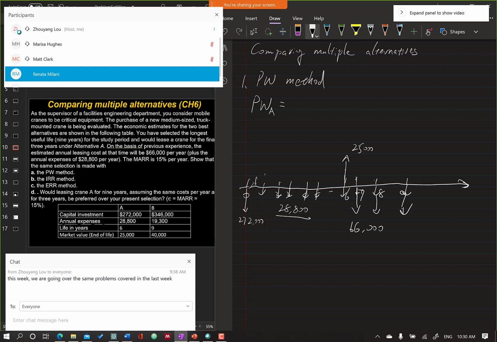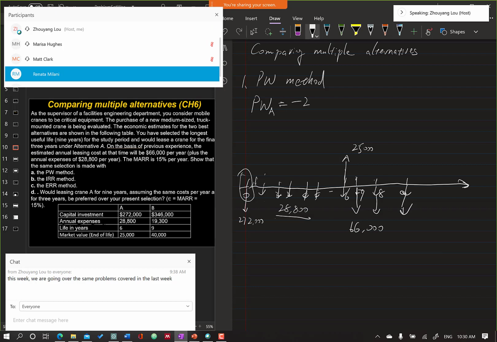Okay, so we have these parts and all these arrows, and we want to get the present worth. So find some value at year 0. Convert all the arrows to year 0. We do this one by one. First will be the cost, the initial capital investment.